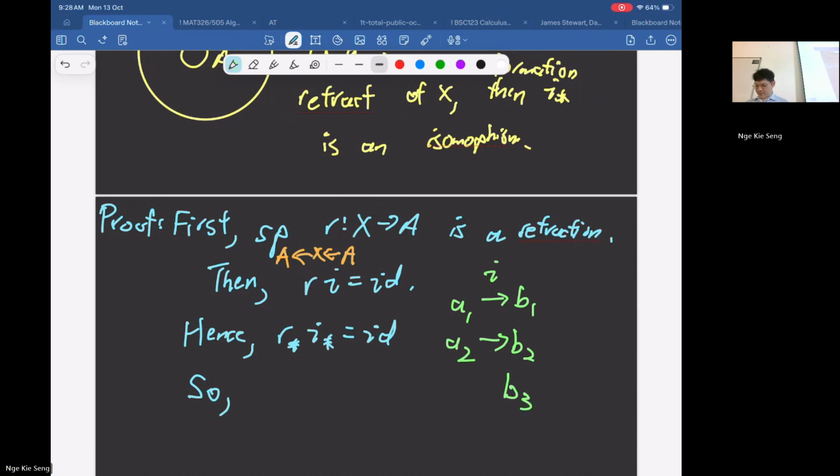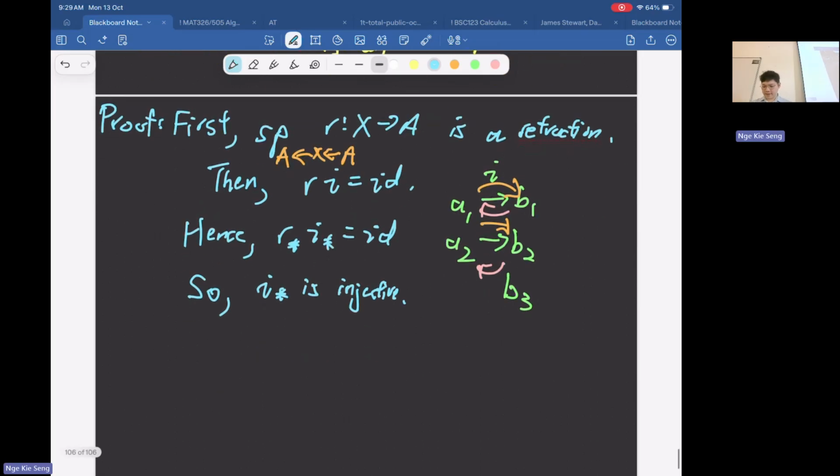If you can go forward with a one-to-one function, you can define an inverse by reversing the arrow. It's enough to define it on the range, because when you compose, you will only meet the range of i star. No need to require surjectivity here. So i star is injective.